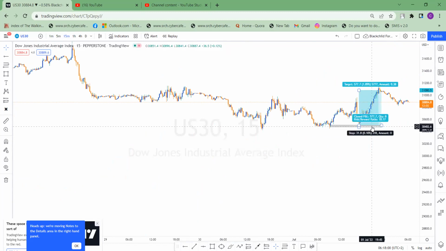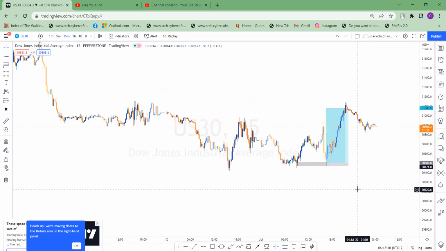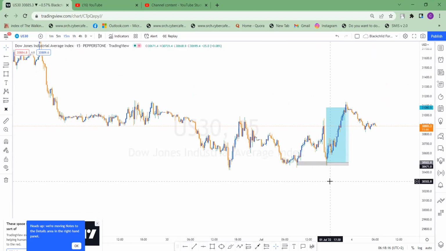Why? Because we've actually spent time looking at refining our entries. So it's very important for you to actually refine these entries. The good thing is that you're going to be able to see how many pips you're going to hold. That's actually a nice thing.